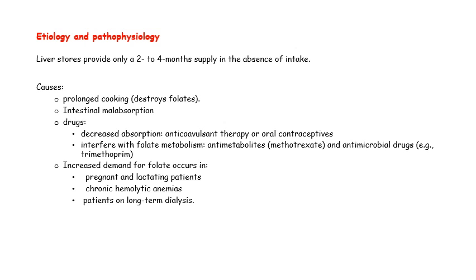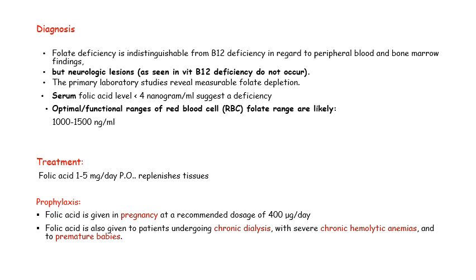Increased demand for folate can occur in pregnant and lactating patients, chronic hemolytic anemias, and patients on long-term dialysis. Folate deficiency can be differentiated from B12 deficiency in regard to peripheral blood and bone marrow findings, but the neurologic lesions seen in vitamin B12 deficiency do not occur.